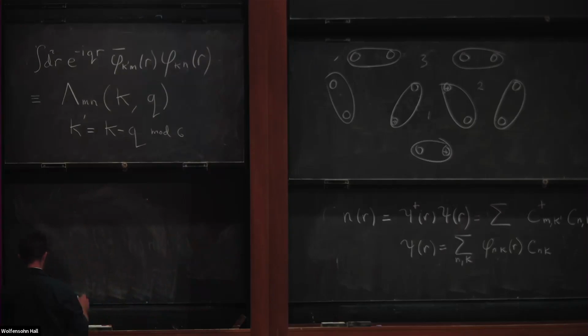Lambda_mn(K, Q) is just a single particle matrix element between the state at K minus Q in band m, the operator e to the negative iQR, and the state at K in band n. This is just the bracket way of writing the integral up there.